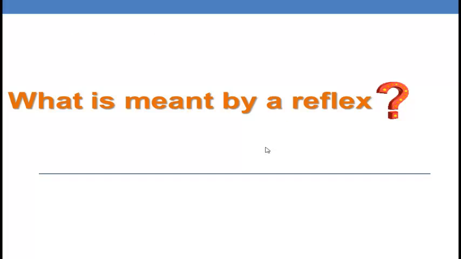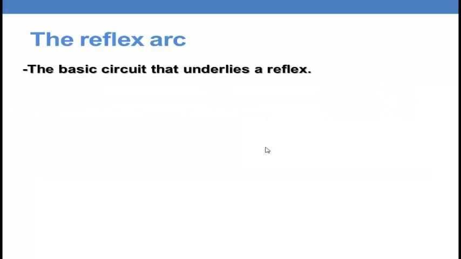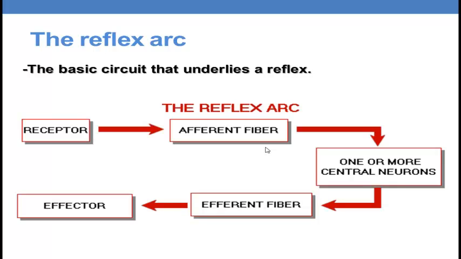The reflex arc, it describes the circuit that underlies the reflex. What is the circuit which determines this reflex? So this reflex arc starts with a receptor which detects the change in the environment, and these receptors transmit via afferent fibers.